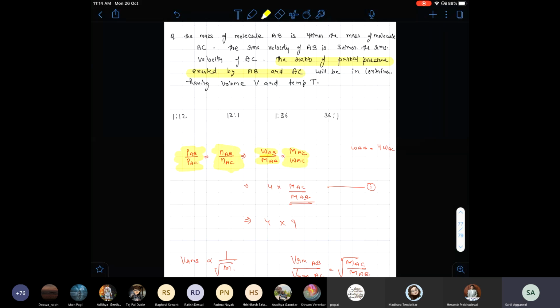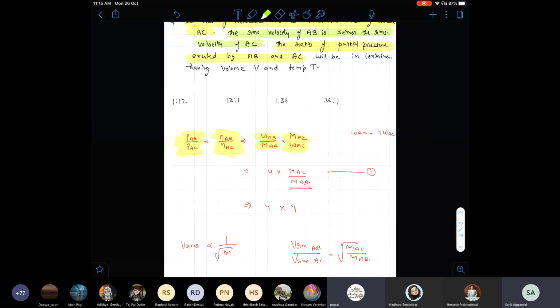Ratio of the given mass is already given. We just want the ratio of molar mass. It is not directly given, but in terms of RMS velocity. If we know the relation of RMS velocity, we can calculate the ratio of molar mass also.